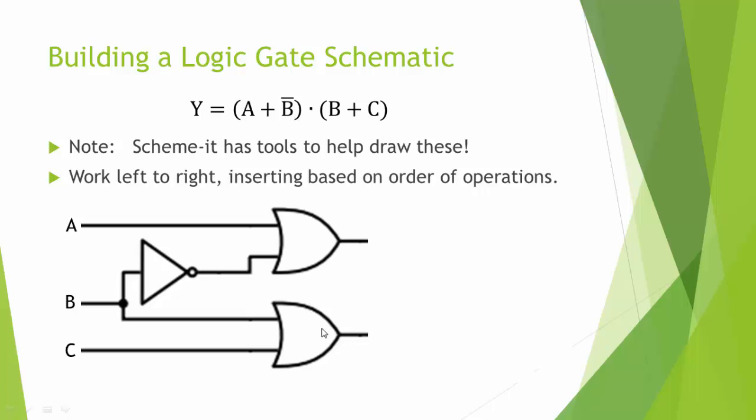Next, we do the brackets. Now we can do these simultaneously, so we can put the gates on top of each other. On top we have A or NOT B. That's this one. And on the bottom we have B or C.